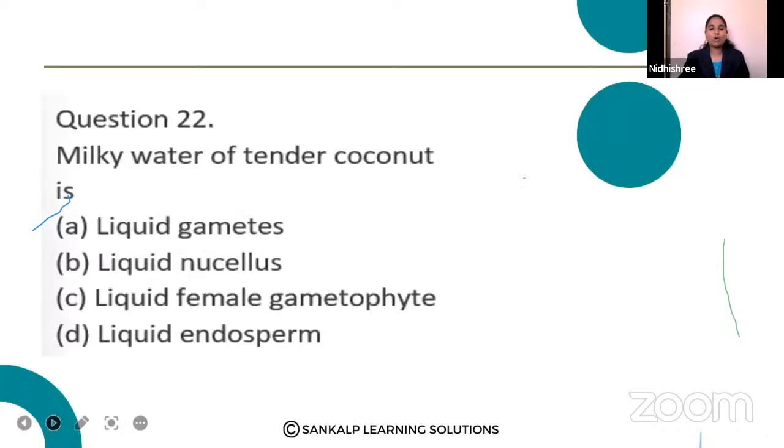22nd, milky water of tender coconut is option A, liquid gamete, option B, liquid nucellus, option C, liquid female gametophyte, option D, liquid endosperm.